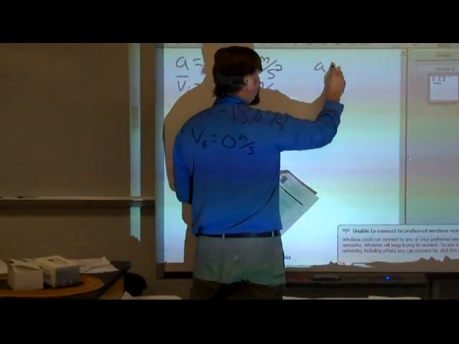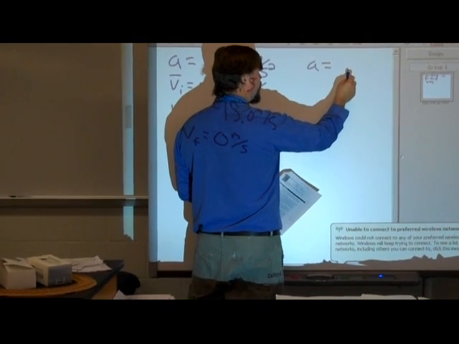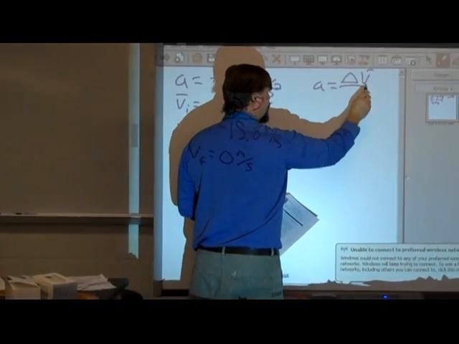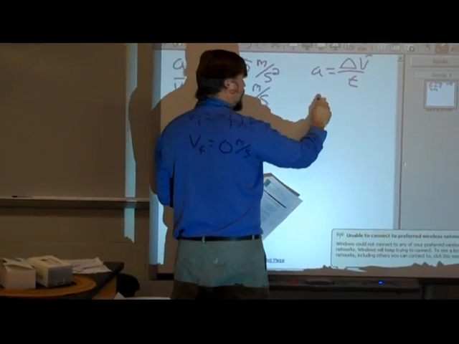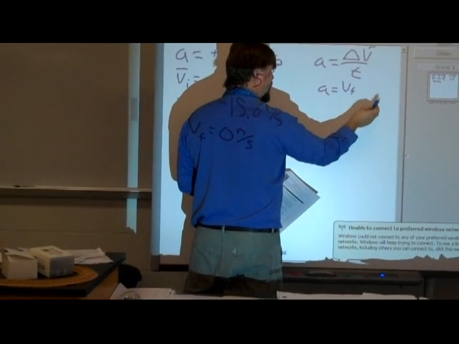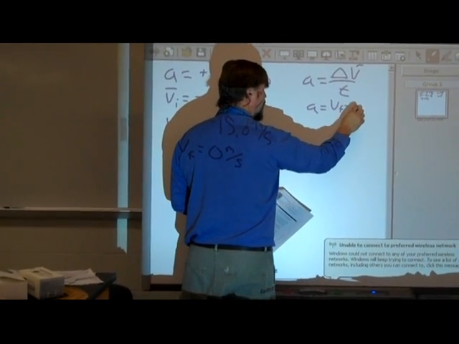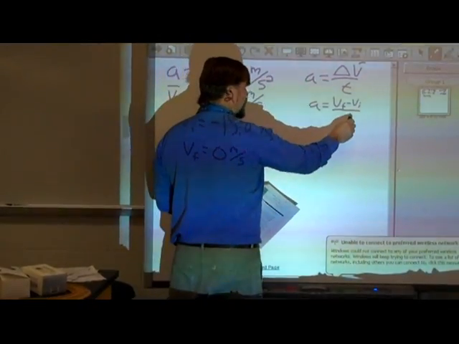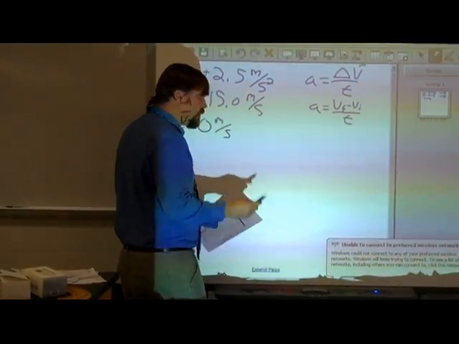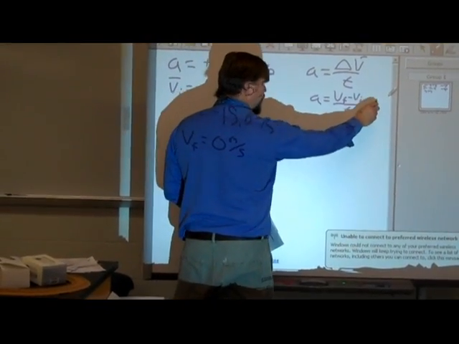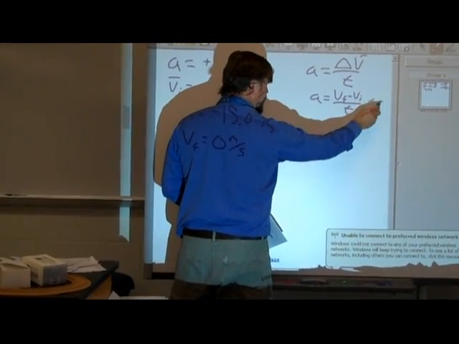So our equation that we've been using: acceleration is delta v, or change in velocity, over a time interval, and our change in velocity is our final velocity minus our initial velocity, over a time interval. But we're looking for the time interval, so we're going to multiply both sides by t.